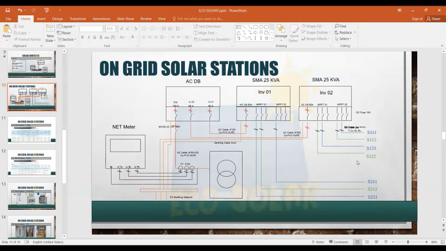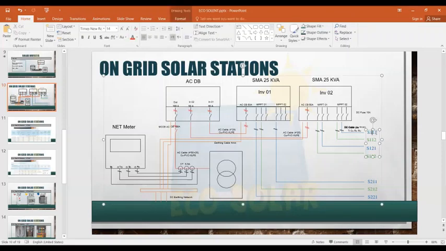The first inverter has been occupied by 4 DC strings. The second one has been occupied by 3 strings only. It can take 4 more strings, but the area wasn't enough, so 7 DC strings only.